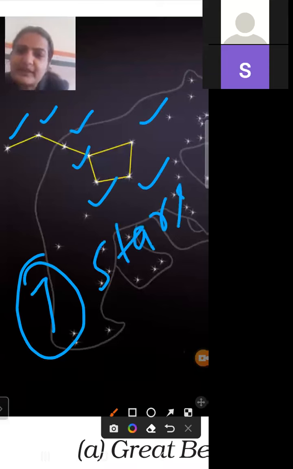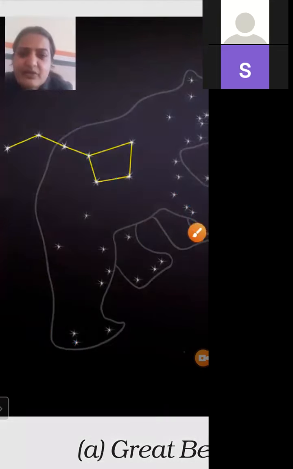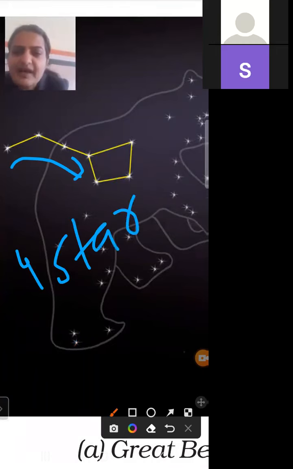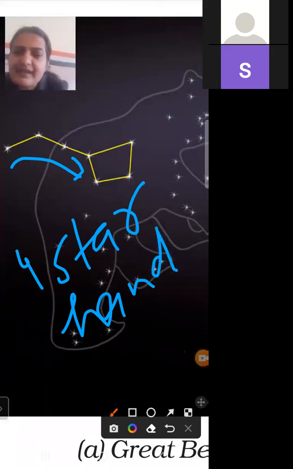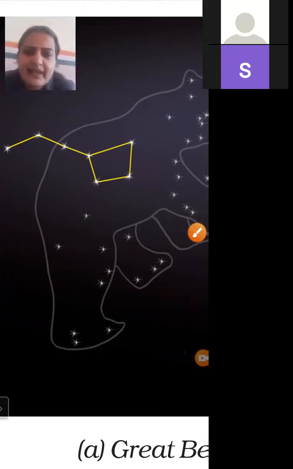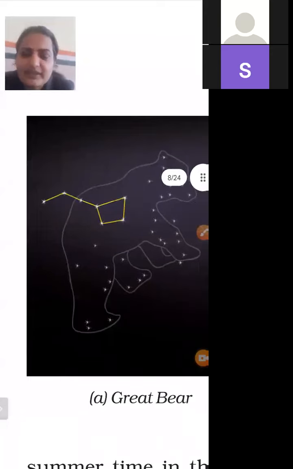You have to remember the stars in the handle, and the remaining stars form a quadrilateral. So in this constellation there are 4 stars in the quadrilateral.